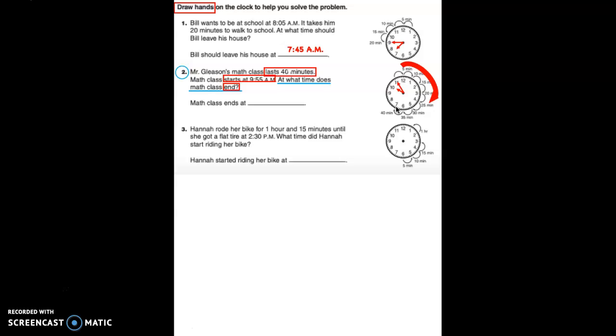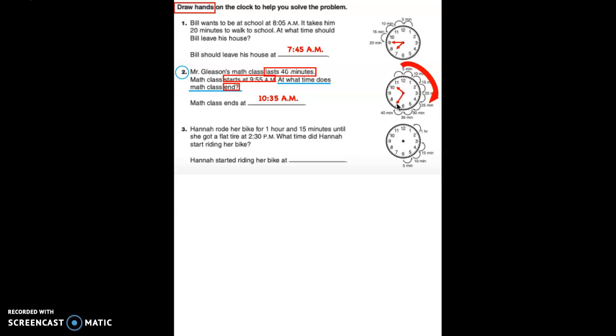So, my minute hand is going to move toward the 7 for 40 minutes. So, math class ends at 10:35 a.m. And I got my 35 minutes by counting, starting at the 1 by 5s. 5, 10, 15, 20, 25, 30, 35.